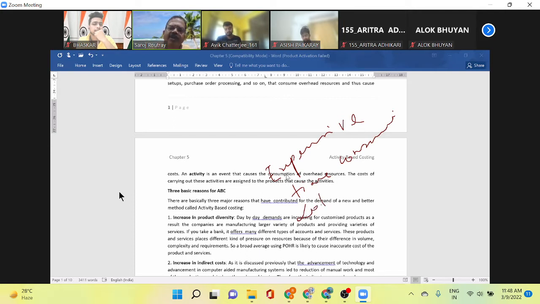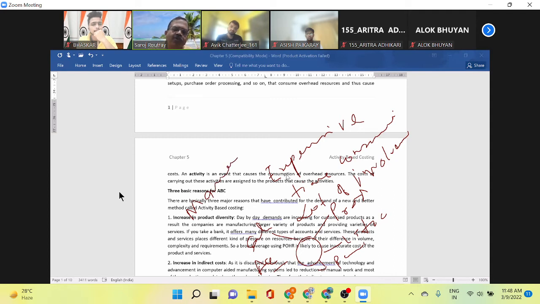A lot of involvement is there, and one person cannot do it. You have to make a committee consisting of people from production, store, sales, accounts, purchase, and then you need management support.